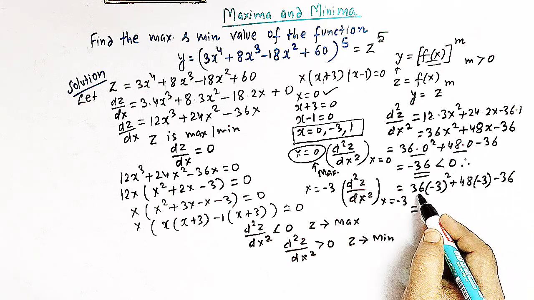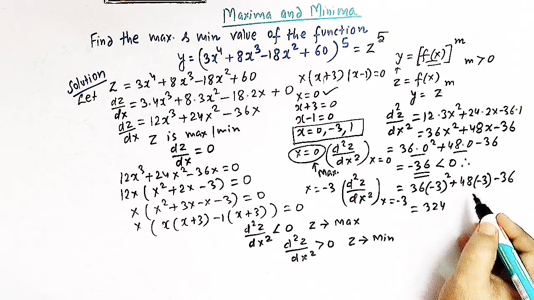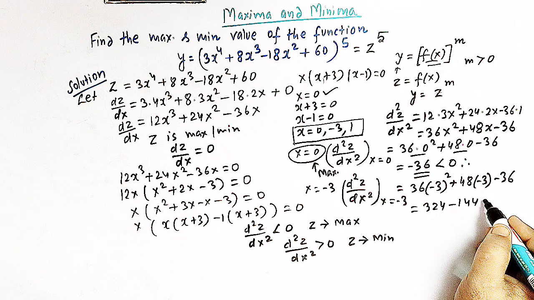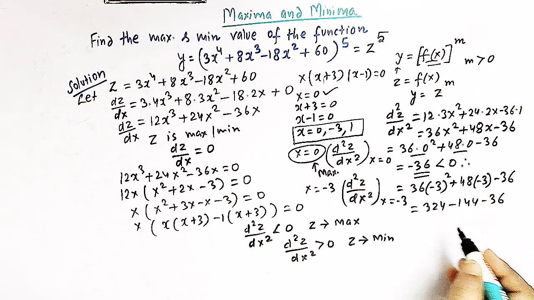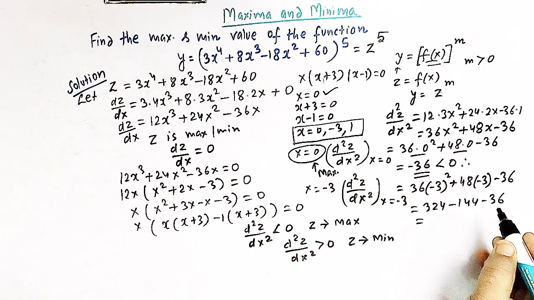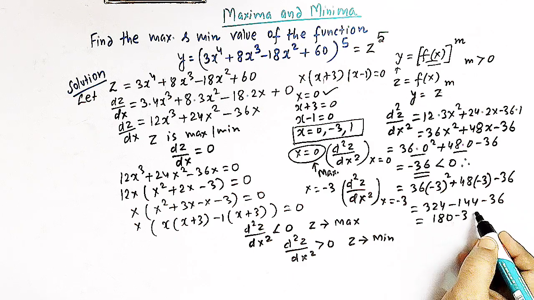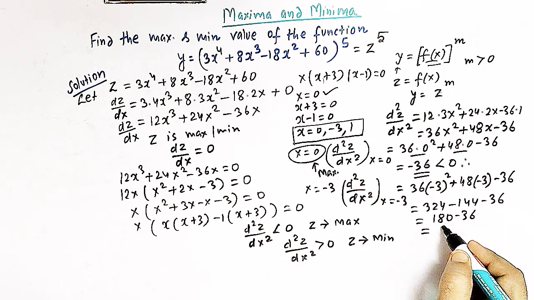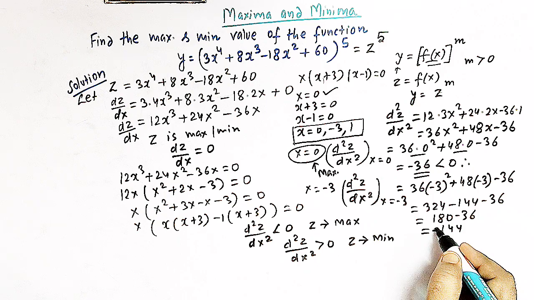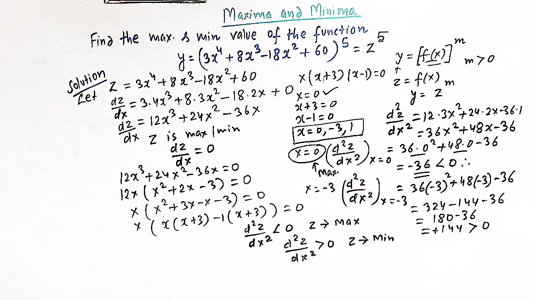If we multiply both these numbers, we'll get 324, and here we have minus 144, this is minus 36. 324 minus 144 is 180, and here we have 36, so this is 144. So this is plus 144, that is greater than 0, right?